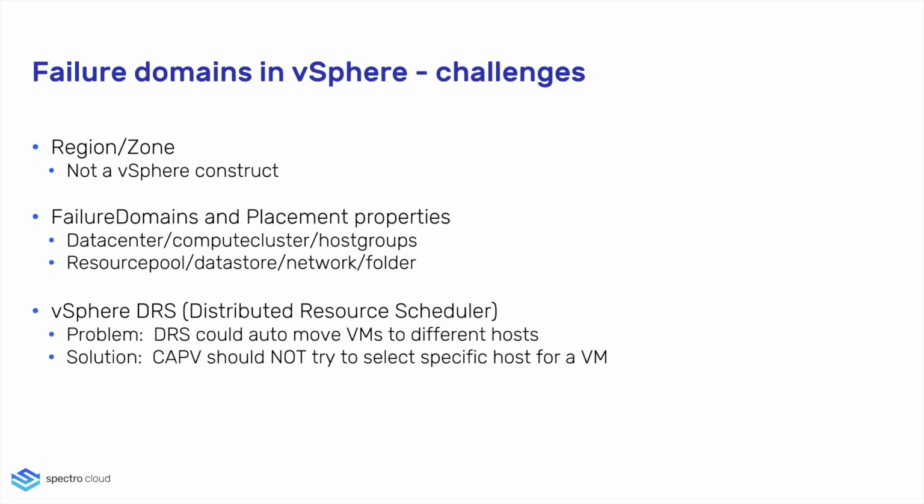I think the solution for this is an easy one. That means the ClusterAPI vSphere provider should not try to place the VMs onto any specific host. This also means that some of the use cases we are not going to support. For example, we are not going to support having an individual host as a fault domain.